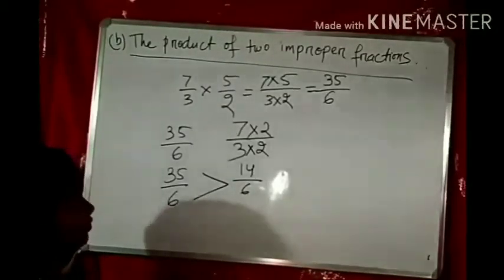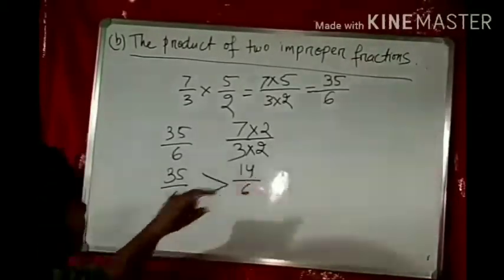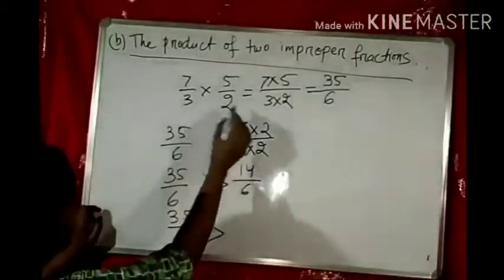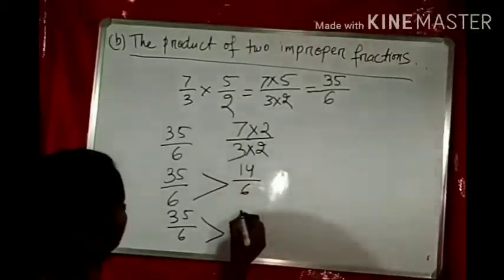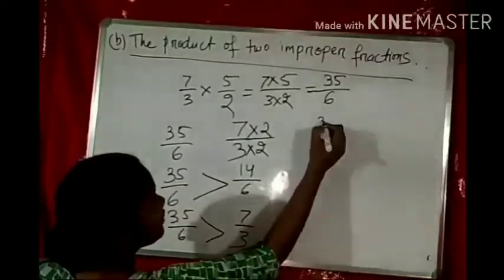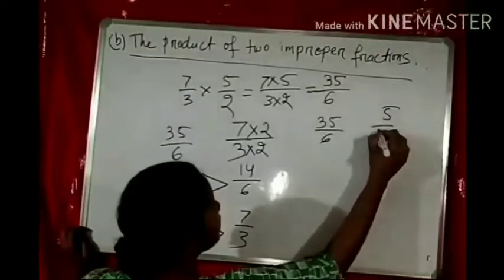So what are we getting? The product is greater than the fraction we have multiplied. Next we'll check 35 by 6 and the next fraction is 5 by 2.